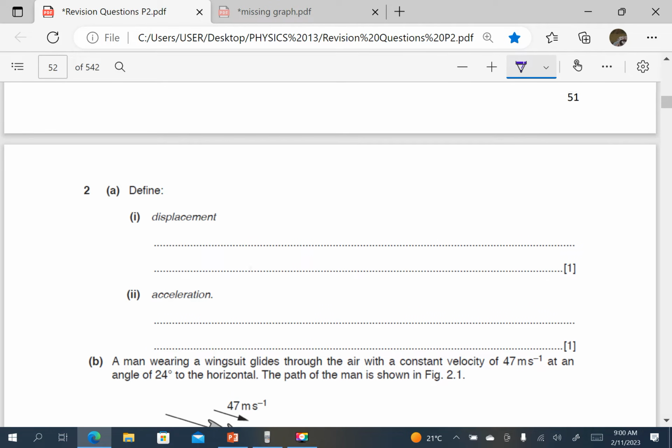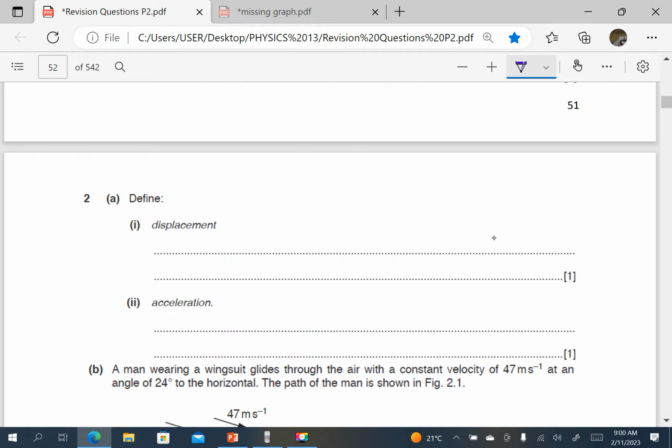Define the following. Displacement. We know displacement is distance moved in a specified direction from a point.